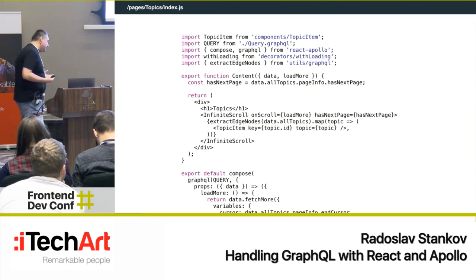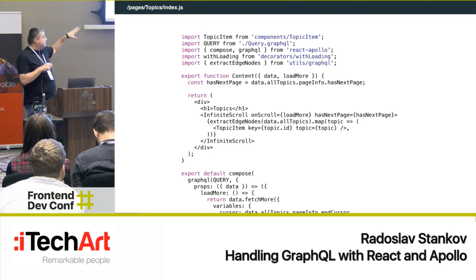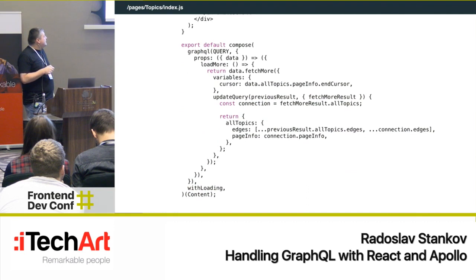We haven't open sourced it because it's very custom to our loading animation behaviors and we are lazy, me especially. So we just have this infinite scrolling. It has some scroll function which says, okay, load more, which is like a callback. And it loads until it has a next page, which is this Boolean query. And in the compose, we have this load more function, where in GraphQL you can remap and you do this pagination.